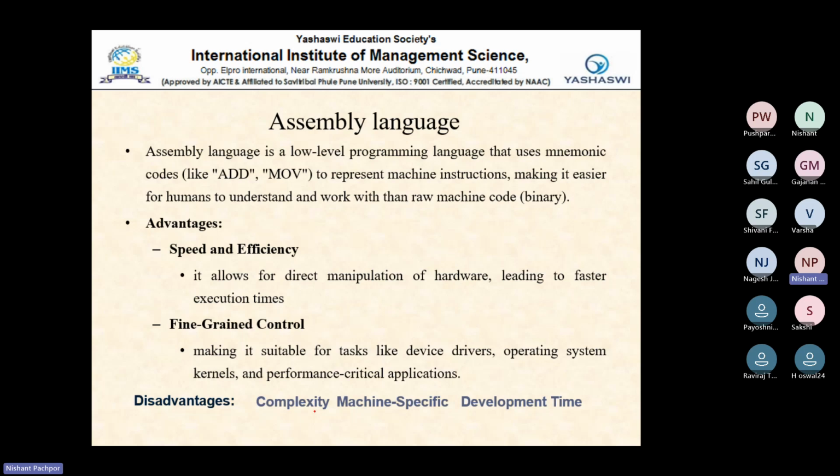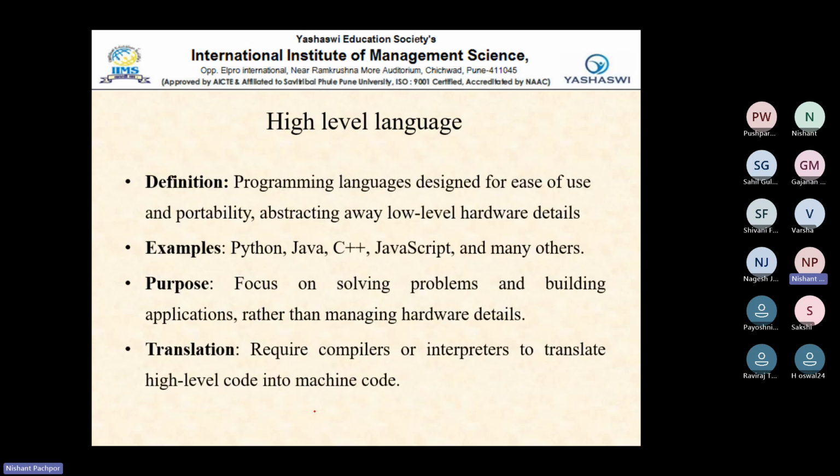Then it is replaced by a higher level language, which the user can easily understand, easily read, and write their code in an easy way. That language is called a high level language. It is a programming language designed for ease of use and portability, abstracting away low level hardware details.